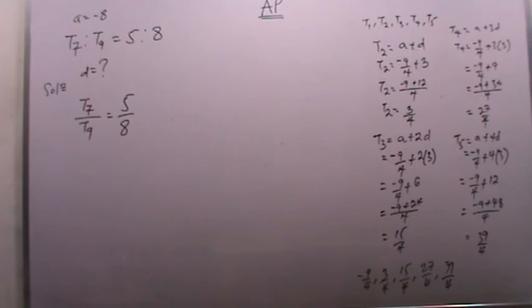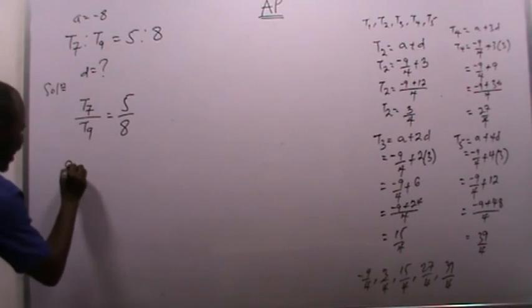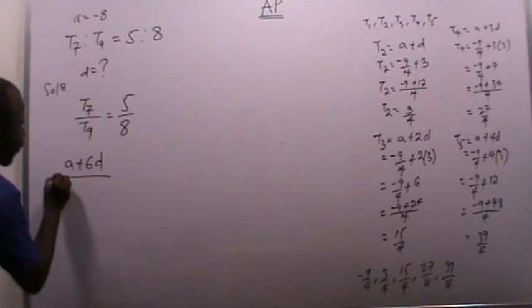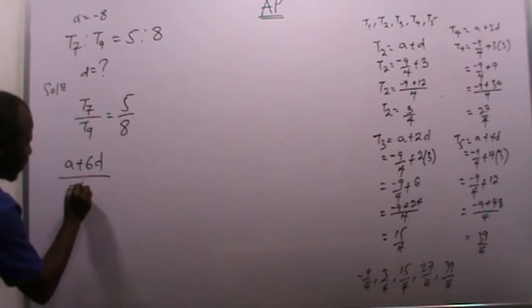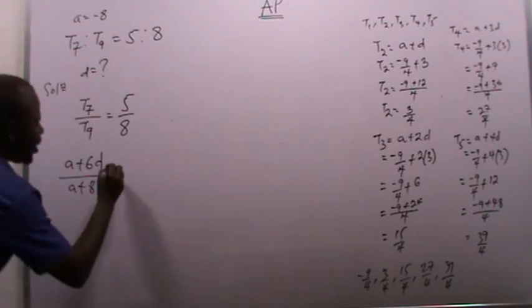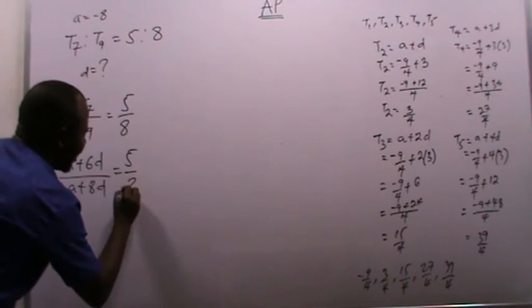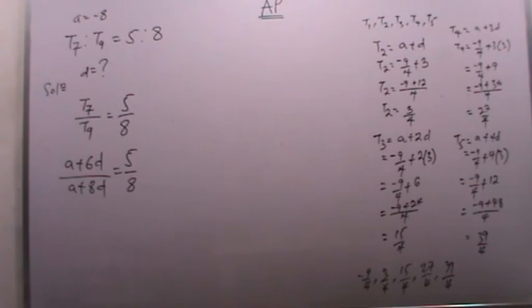Now, let's put the formula. T7 is A plus 6D over T9 is A plus 8D equals 5 over 8. In the question, we were already told what A is. But before we go to substituting for A, let's do a cross multiplication.